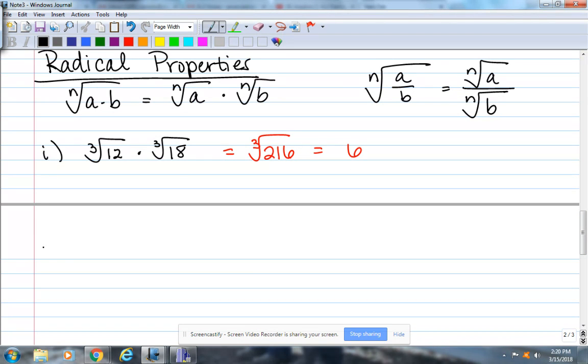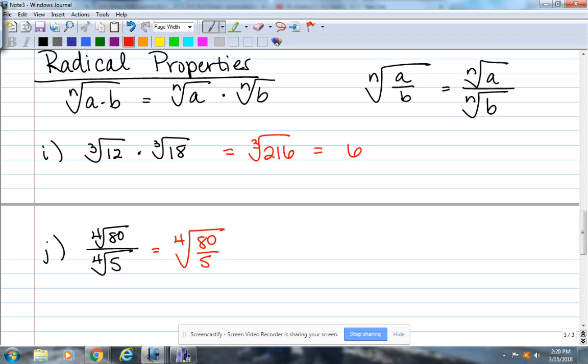So let's do a fraction. The fourth root of 80 divided by the fourth root of 5. So that means we can take the fourth root of 80 divided by 5.